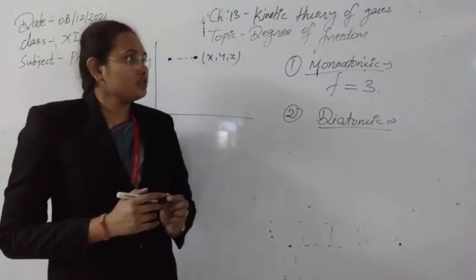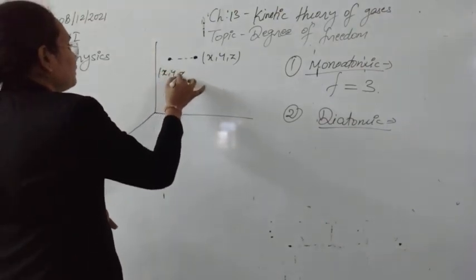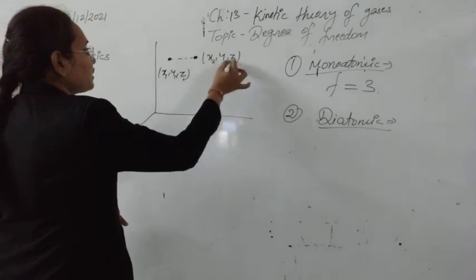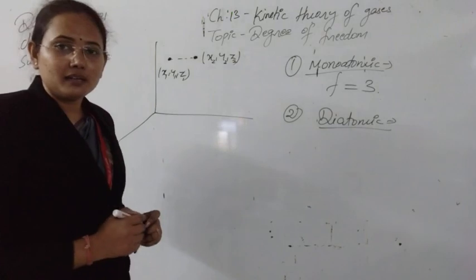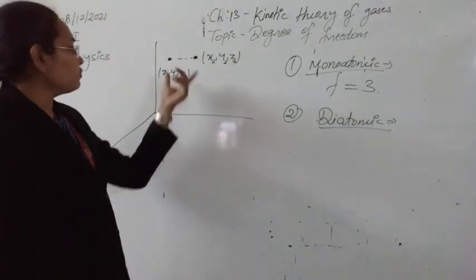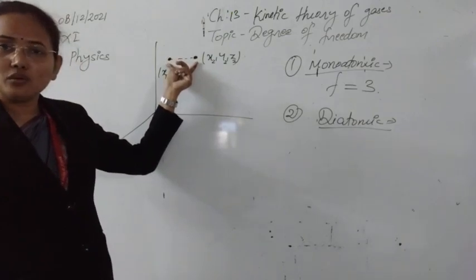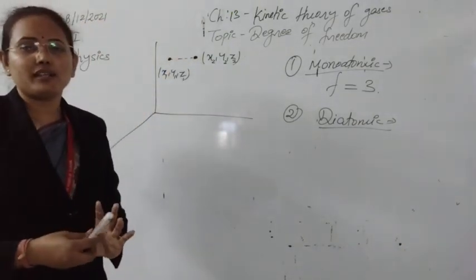As you can see, for two atoms we need x1, y1, z1 and, for the second atom, the coordinates x2, y2, z2. So at least we need 6 coordinates, but in those 6 coordinates, one relationship between the two atoms is already known. So we need only 5 coordinates to specify their location.